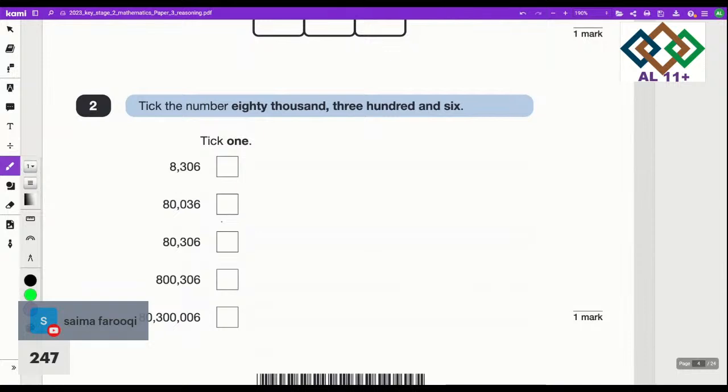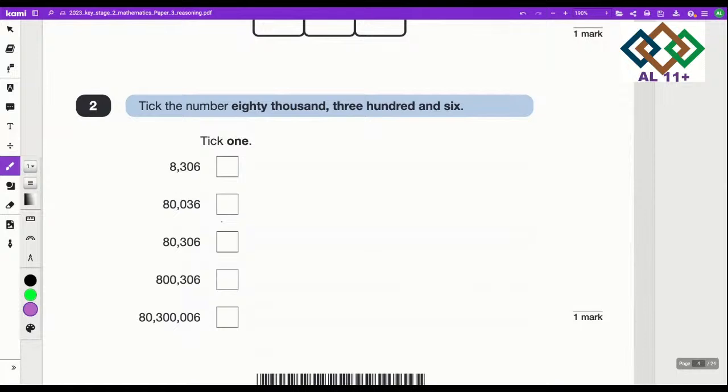Which one is that? Let's hide that one first. Now you have to give me the answer for the second one. It's the first one, second one, third one. Remember, it's 80,306.